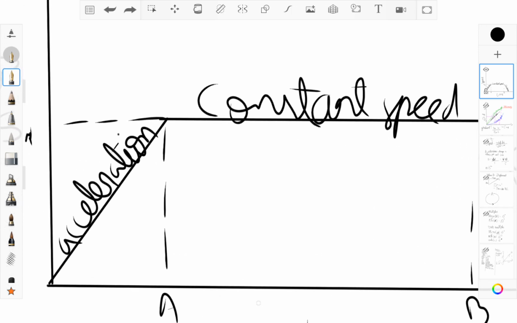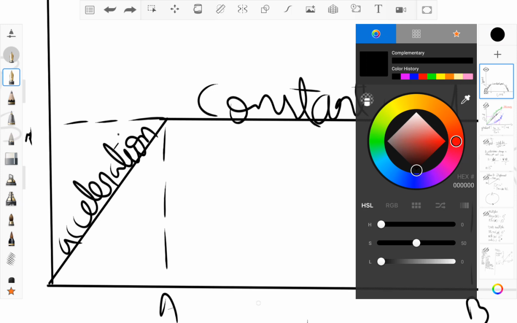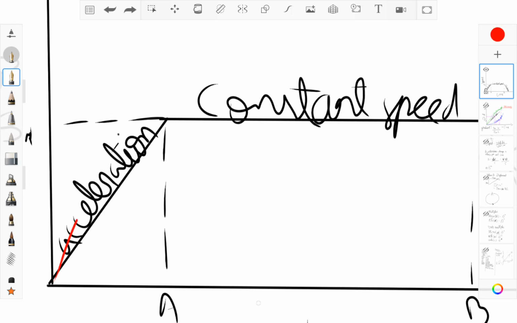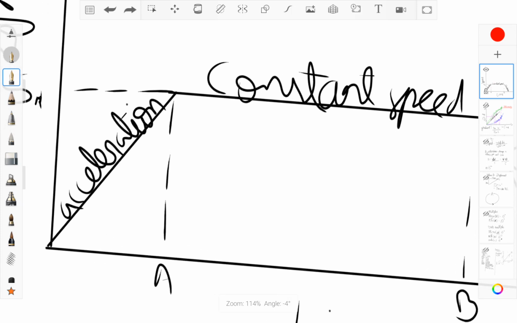Number one, let's use a different color. If I have something like this on a speed time graph, that's decreasing acceleration, and it's kind of similar to the decreasing speed curve in the distance time graph. And if I have something like this, that's increasing acceleration, which again is similar to the increasing speed curve in the distance time graph.